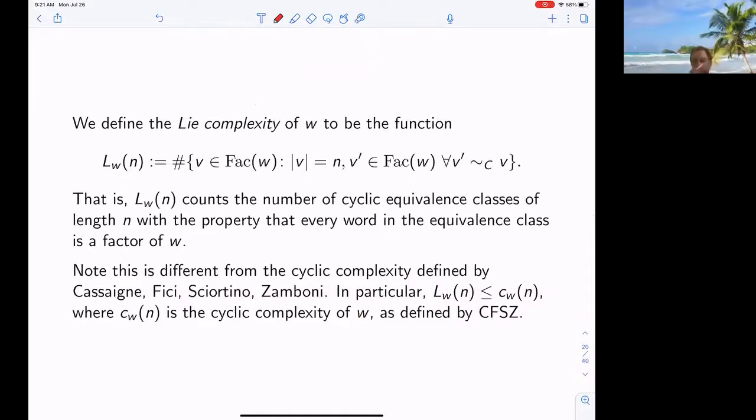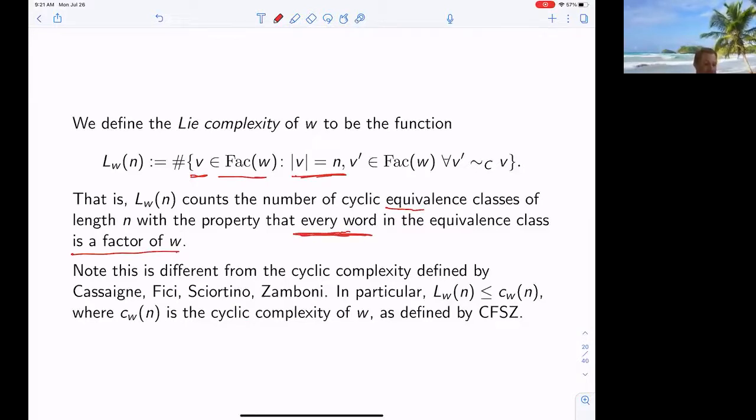Now we can define the Lie complexity function of our word. It's the set of factors of length n such that everything cyclically equivalent to it is also a factor. So it's counting the number of cyclic equivalence classes with the property that every word in the equivalence class is a factor.